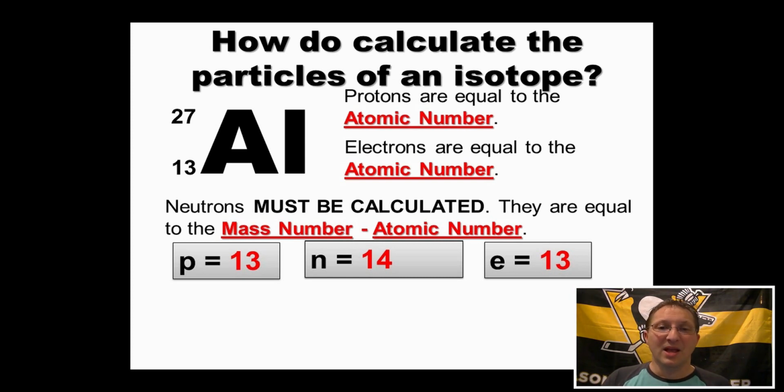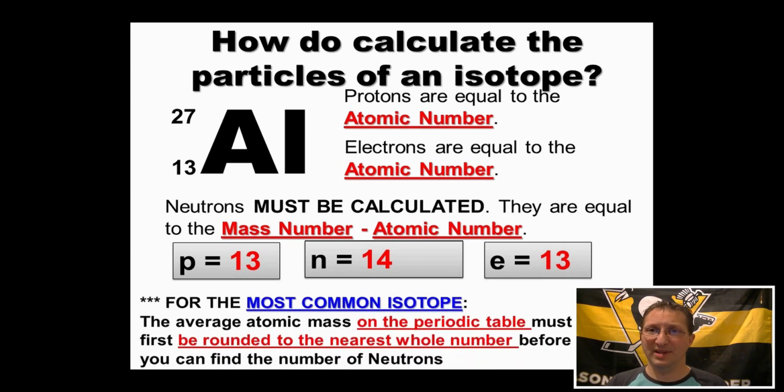Okay. One more thing I want to bring up before we do some practice with this is, how do we figure out what the most common isotope is? Because there are several isotopes of aluminum, several isotopes of lithium, several isotopes of most atoms out there, but how do you figure out what the most common one is?